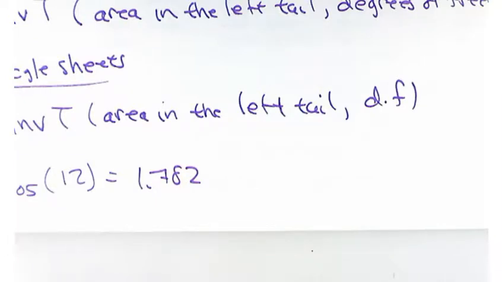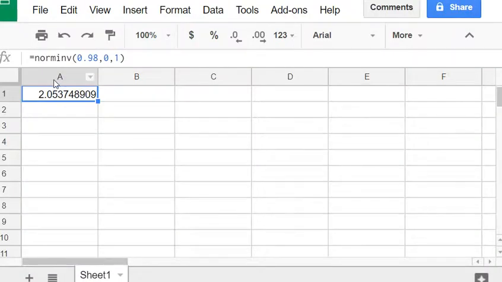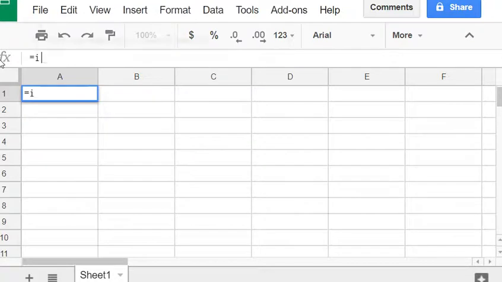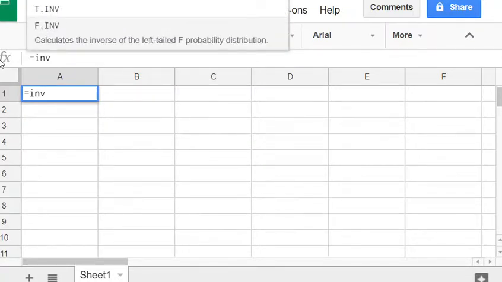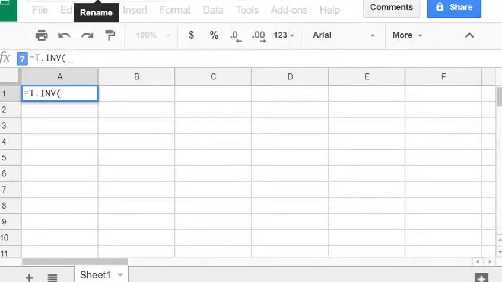On Google Sheets, the same thing happens. So equals inverse T. Was it T inverse? There we go, T inverse. All right, perfect.